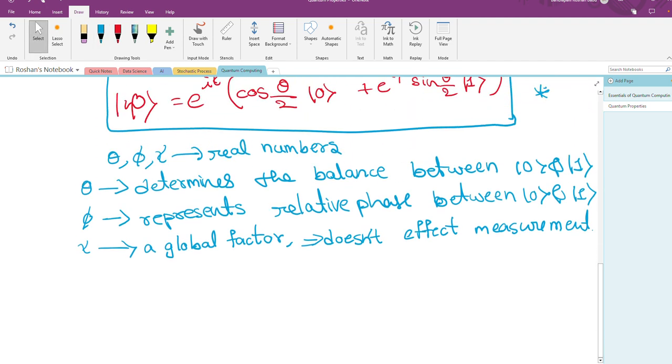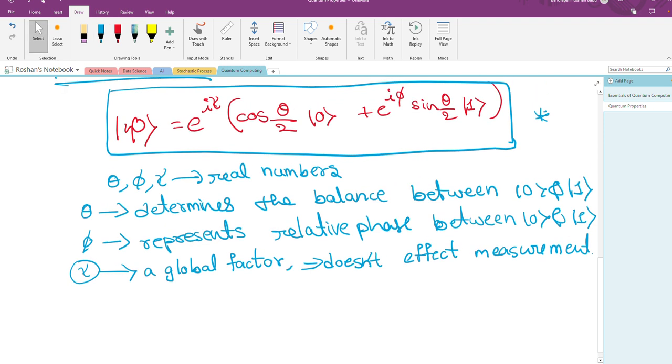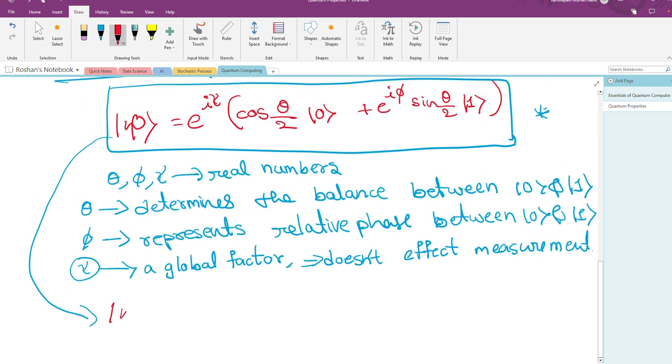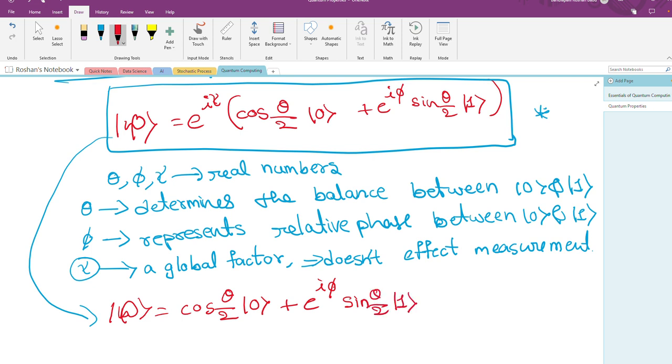So if gamma is not affecting our measurement, we can rewrite the formula, right? Yes, now we'll write it: |psi> equal to cos theta by 2 ground state plus e to the power i phi sin theta by 2 excited state.